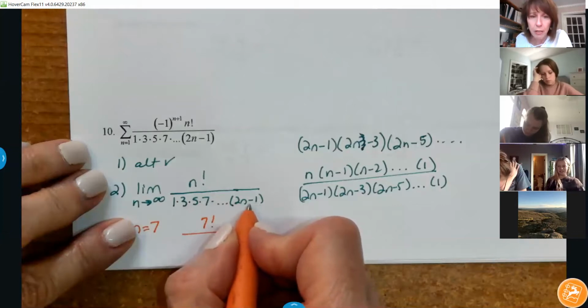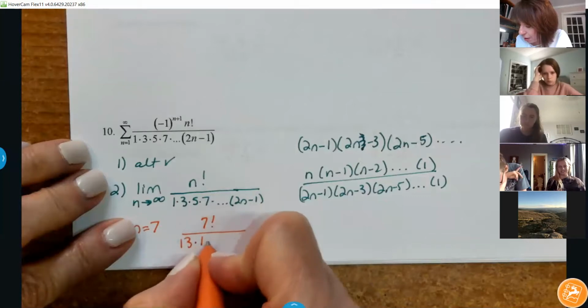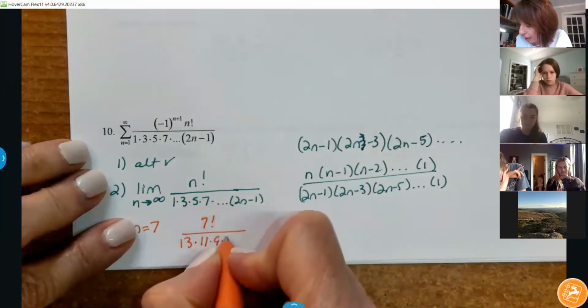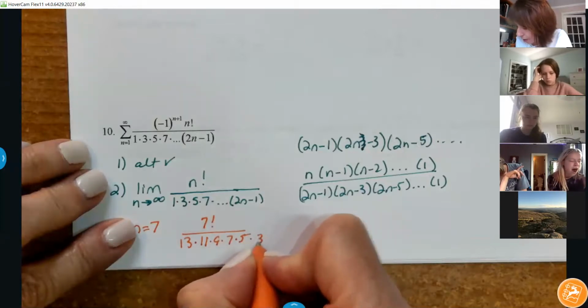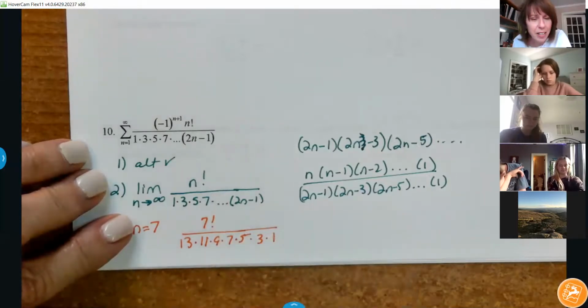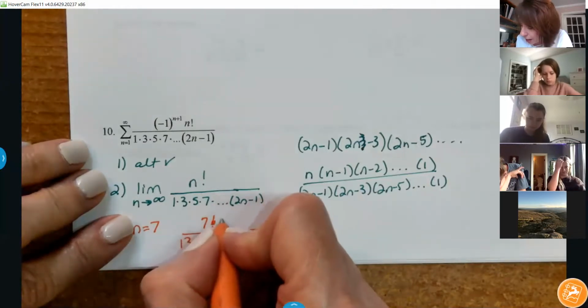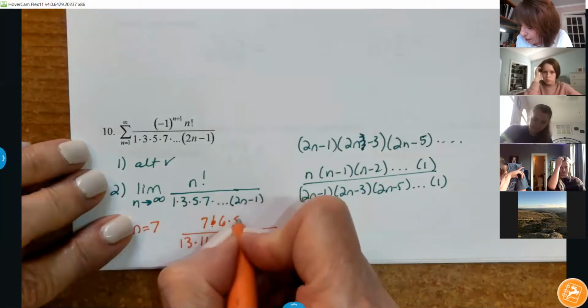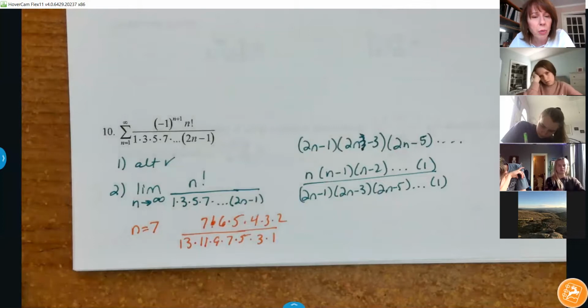So that would be 13 times 11 times 9 times 7 times 5. Is that right? I think so. So we'd have 7 times 6 times 5 times 4 times 3 times 2 over that. Which is bigger? Do you agree that the bottom is way bigger?